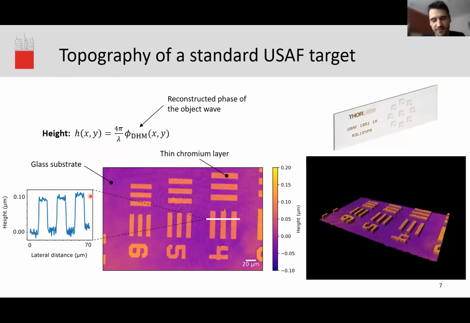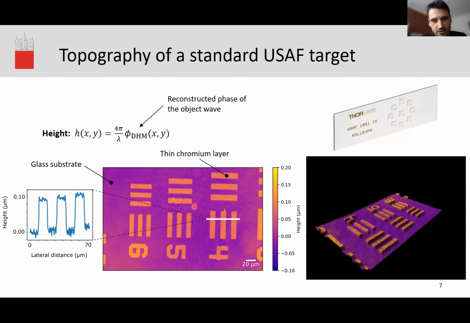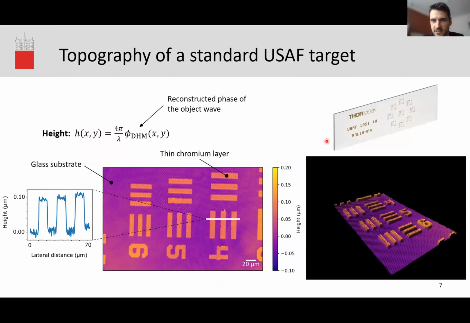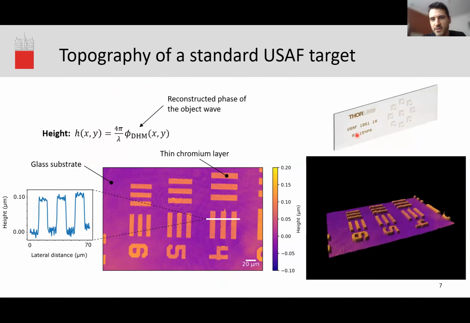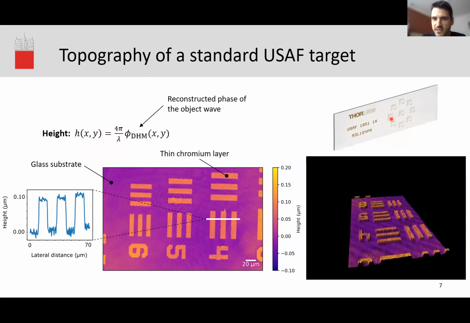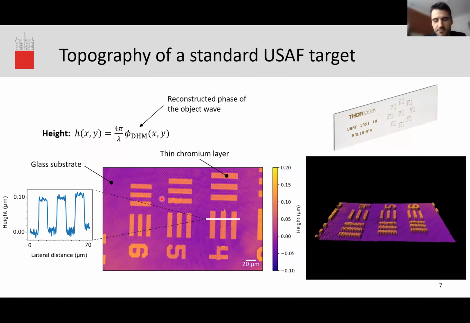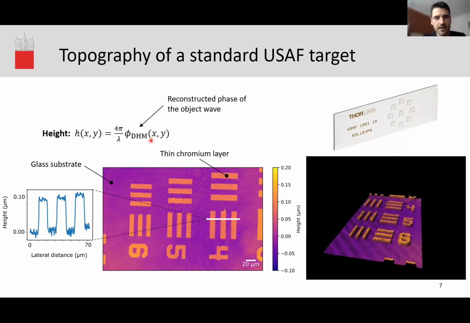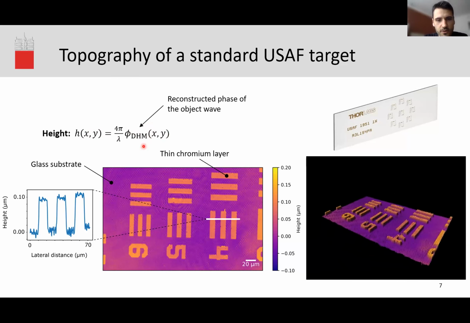So the first thing that we can try with our system is just to see the topography of a standard USAF target, and these targets are usually nice because they have a thin layer of chromium deposited on a glass slide, and this thin layer is about 100 nanometers thick, and the height is connected directly to the quantitative phase that we record.